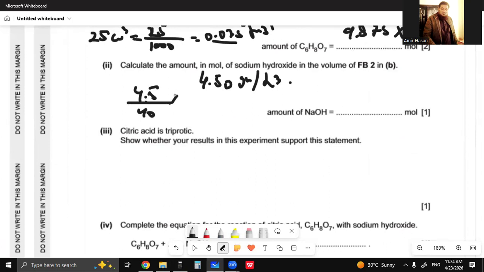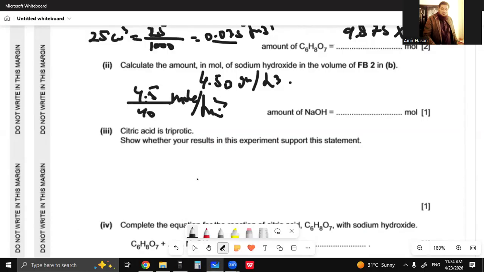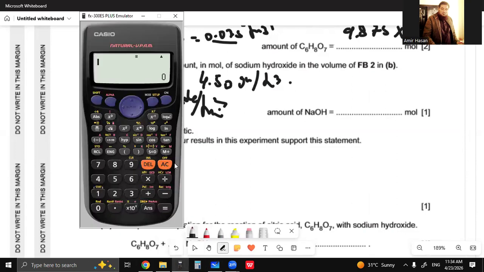When you do this, the sodium hydroxide concentration changes into mole per cubic decimeter. Now this is the second calculation of the question. First, we changed the concentration into moles of the citric acid. Then secondly, we change the concentration of the sodium hydroxide into mole, because the question needs it in moles. 4.5 divided by 40. This is your concentration.